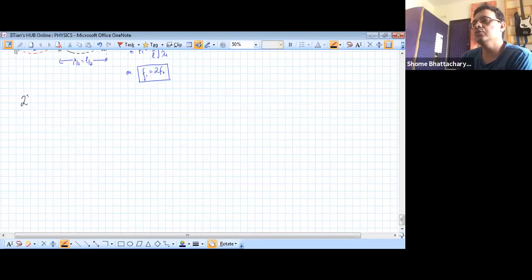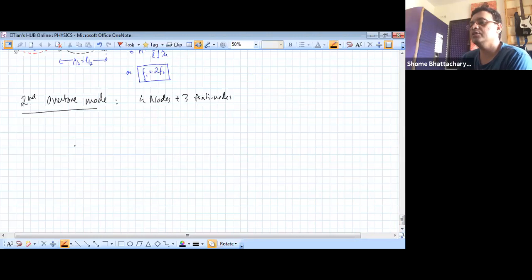So in the second overtone mode of vibration, we will have 4 nodes plus 3 antinodes. The shape of the string will look like it is now divided into 3 loops.